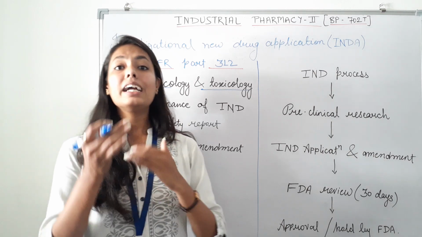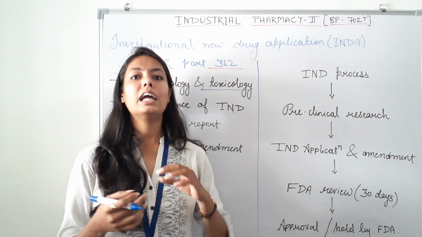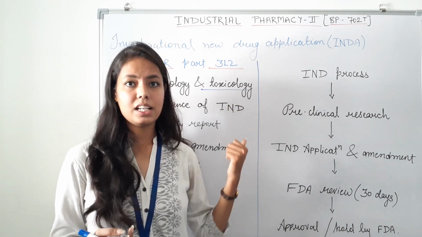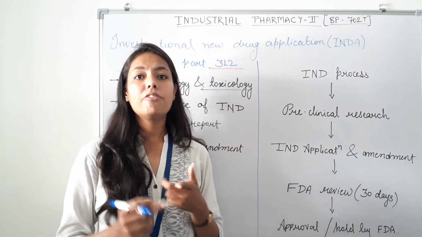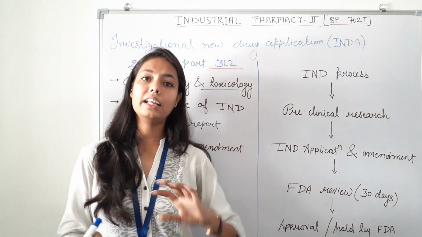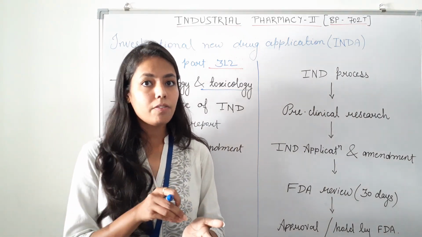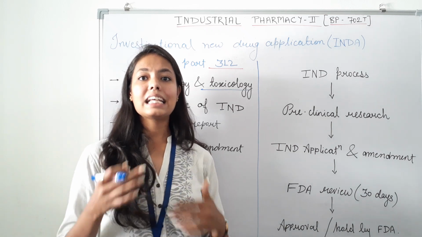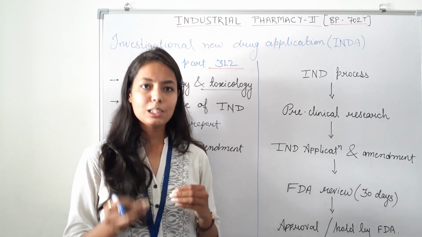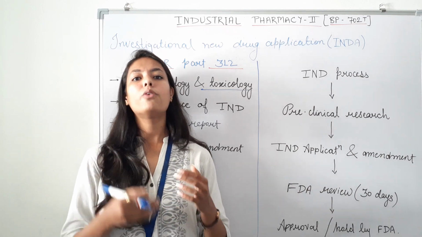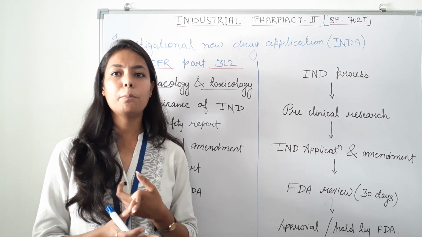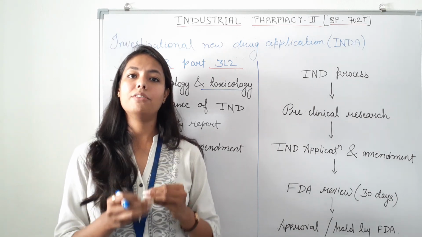If the drug was exposed to humans earlier, that means before filing this investigational new drug application, and clinical investigations have been conducted in any country other than the United States, in the case of the FDA, then the related extensive information should be given as previous human experience. This information must include pharmacokinetic and pharmacodynamic reports and observed adverse events.